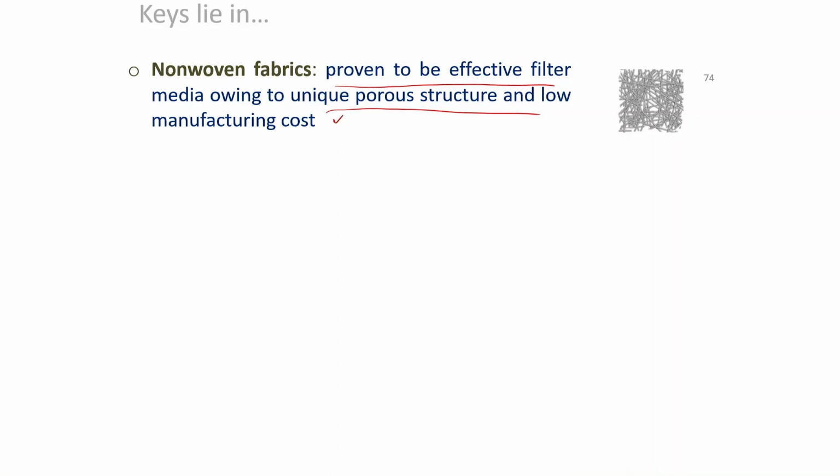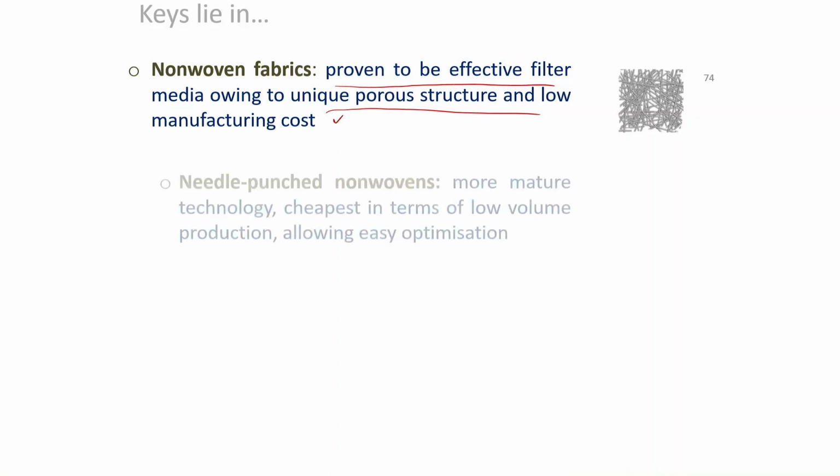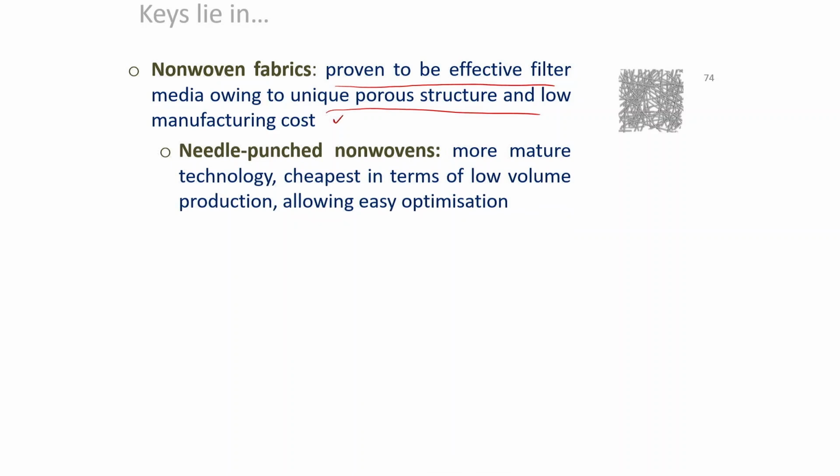So, nonwoven fabrics were taken, and we used needle punched because it is a more mature technology, available in large volume, and cheapest, allowing easy optimization. We can control the structure, the pore structure.